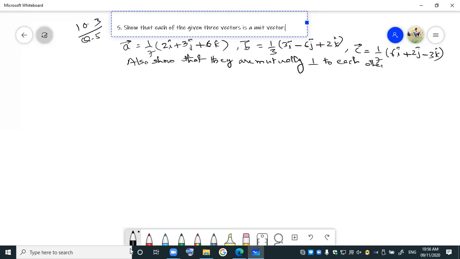They are unit vectors means we have to find their magnitudes, and their magnitude should come to 1. So the magnitude of A will be equal to under root of (2 by 7) whole square plus (3 by 7) whole square plus (6 by 7) whole square.